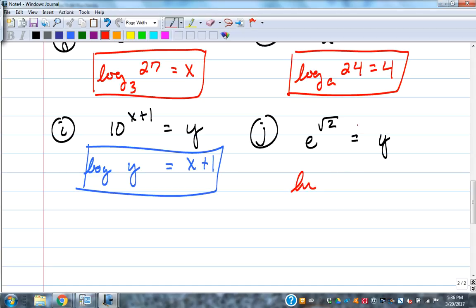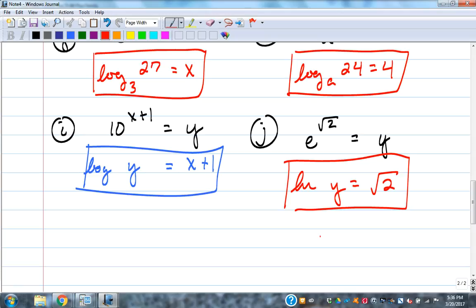Natural log: ln of y is equal to square root of 2. Natural log is log base e, so ln is how you're going to see that written.